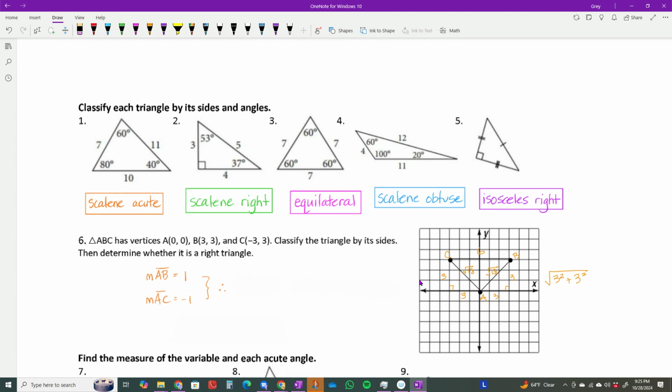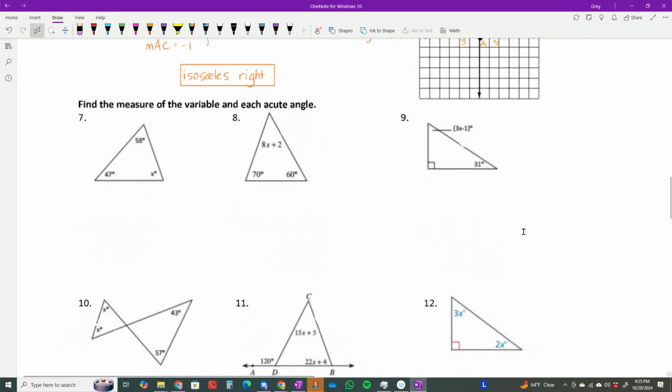If we multiply the slopes together and the product is negative 1, then we know that those two segments have to be perpendicular. So we also know that A is a right angle. So classifying by sides, it is isosceles, and yes, it is a right triangle. So we have an isosceles right triangle.